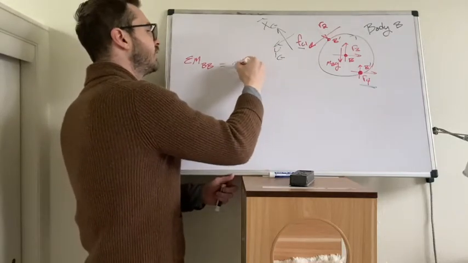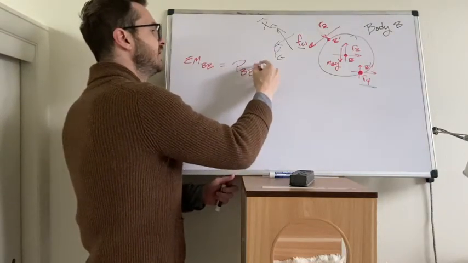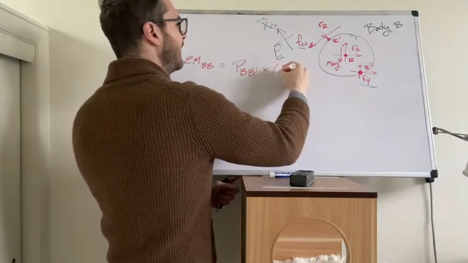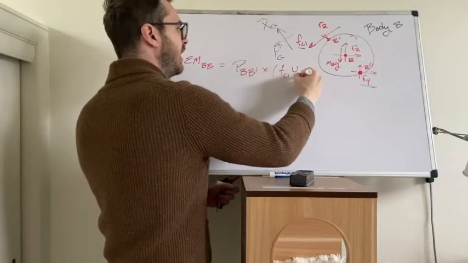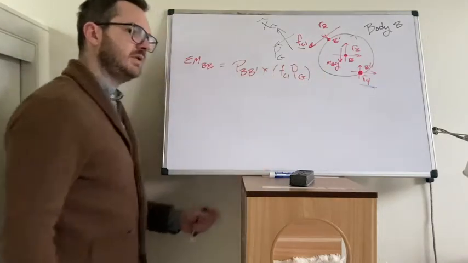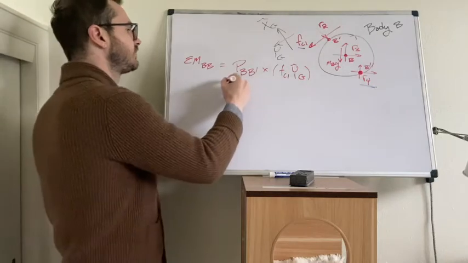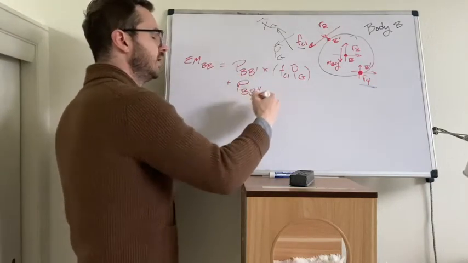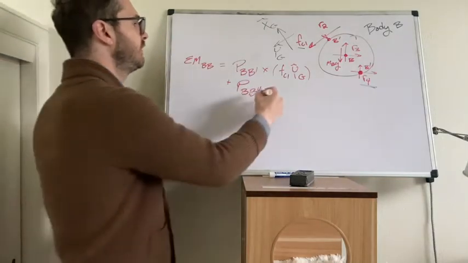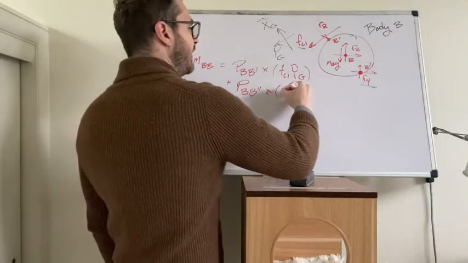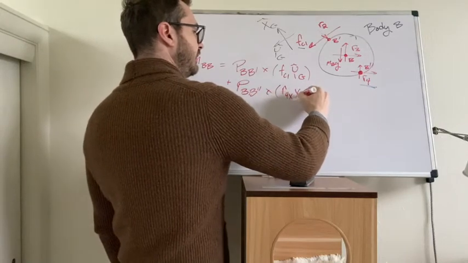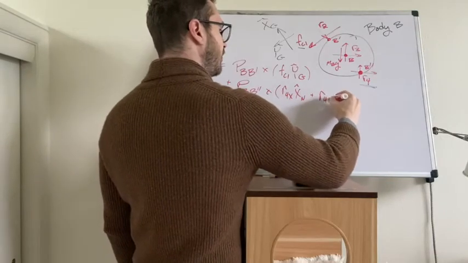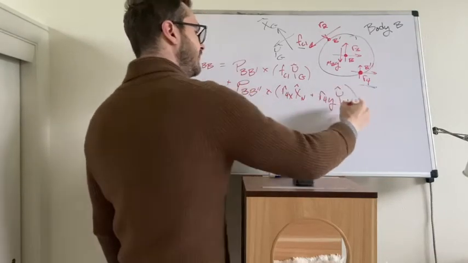So the friction first, we're looking at the position vector from B to B prime, and we're going to cross this FC1 in the YG direction, plus the position vector B to B double prime, cross R4X in the XN and R4Y in the YN.